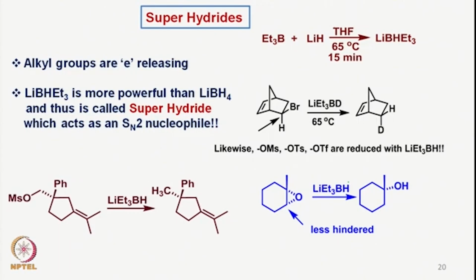Now we will move on to superhydrides that are very strong and very sterically bulky reducing agents. For example, lithium triethyl borohydride is one of the superhydrides where there are alkyl groups attached to the reducing agent, and they are electron releasing, and therefore the reactivity of such hydrides is very high.